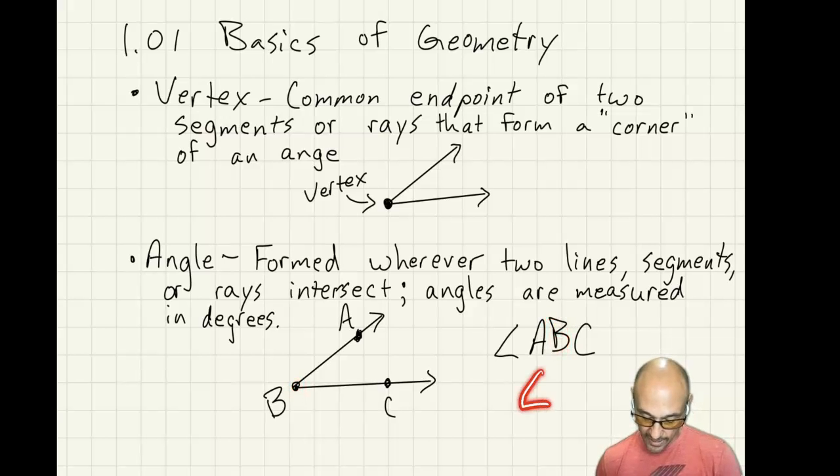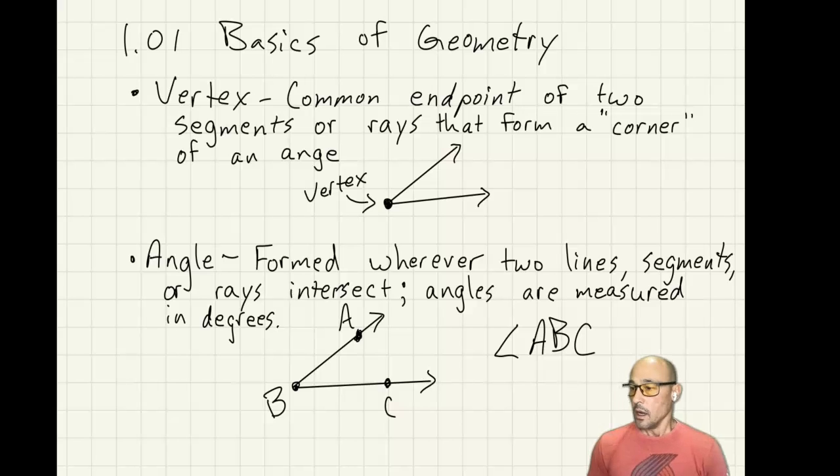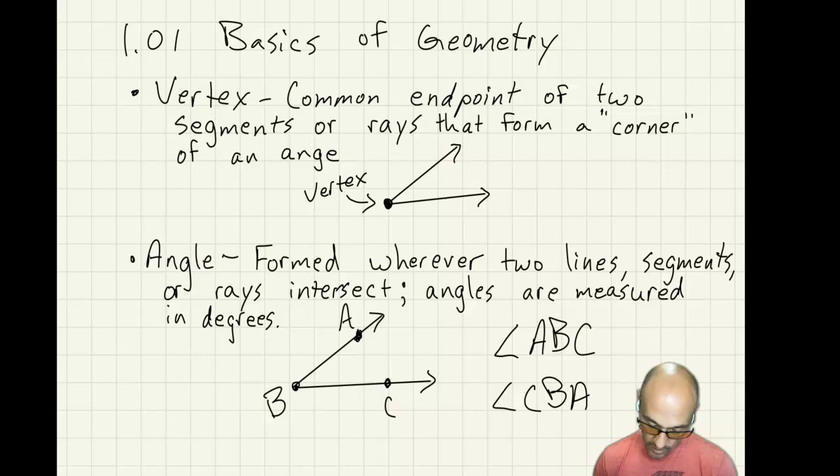You wouldn't call this angle BAC because point A is not the vertex. All right. You could also call this angle CBA. So naming it this way, CBA, that's just fine. And you could also just call it angle B, though it's a little less precise, and it's nicer to refer to the 3 letters for the name.